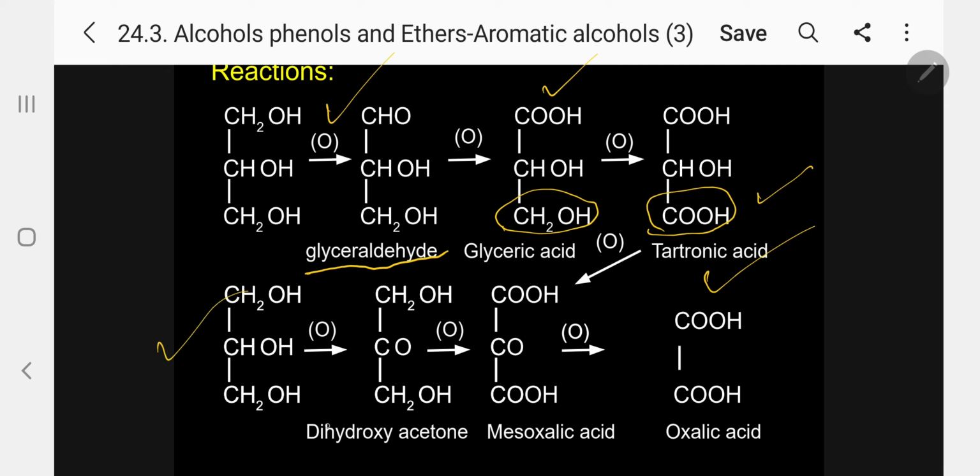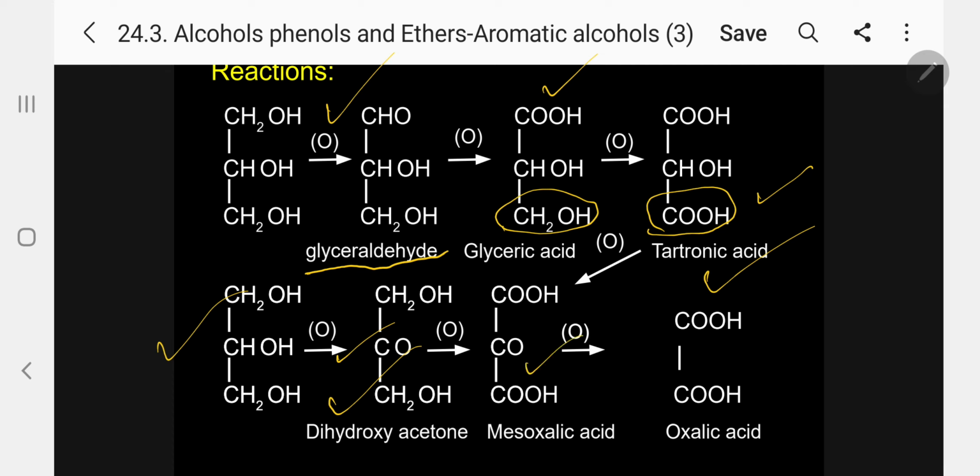In glycerol oxidation, the secondary alcohol is oxidized under a suitable oxidizing agent to form dihydroxyacetone, without affecting the primary alcohol.